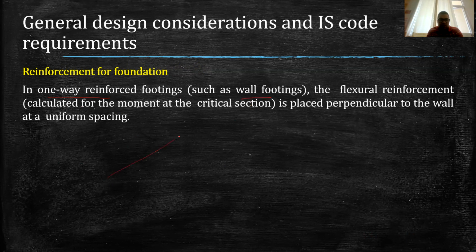So for example, if we have the wall foundation something like this, in that scenario we provide reinforcement along the shorter span, and along the length of the wall, the reinforcement that we provide is actually the distribution reinforcement.